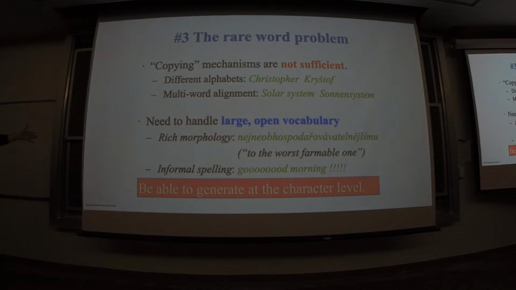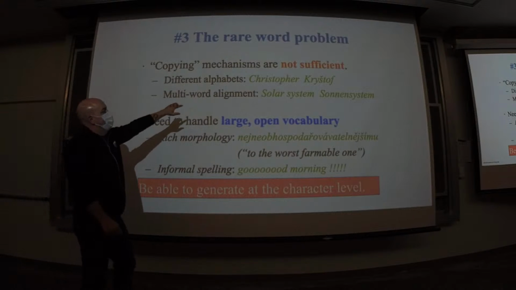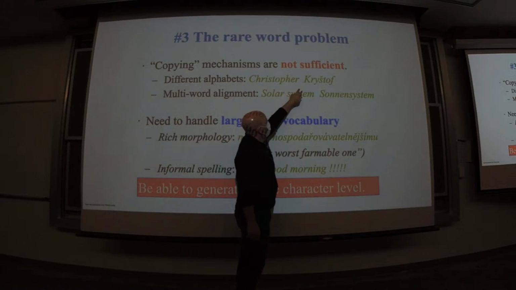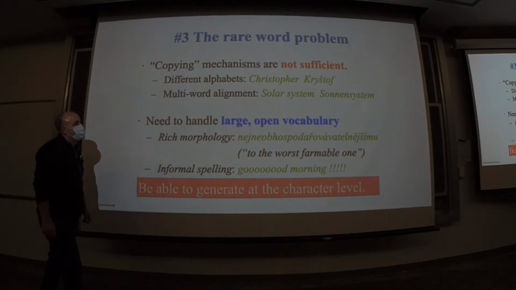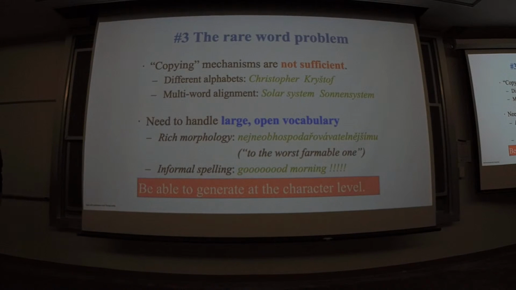One case is when you have very different alphabets, which makes it difficult to have enough understanding. You might be able to look up some, but it's not going to be clear how to look up all possible proper expressions of one word and the other.